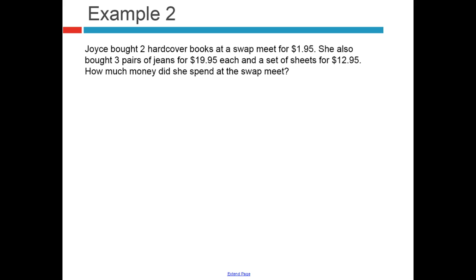Here's another example of using decimals when solving problems. Joyce bought 2 hardcover books at a swap meet for $1.95. She also bought 3 pairs of jeans for $19.95 each and a set of sheets for $12.95. How much money did she spend at the swap meet?